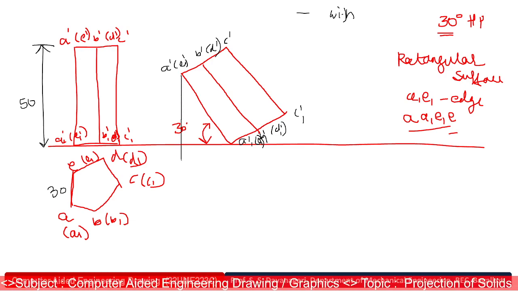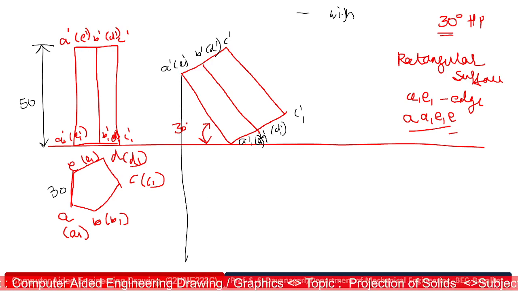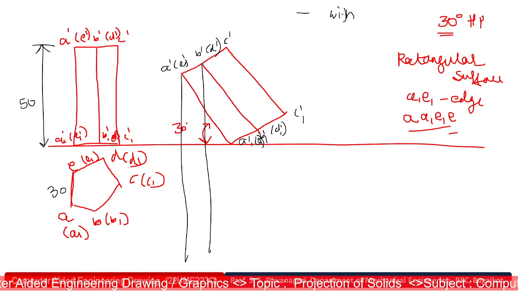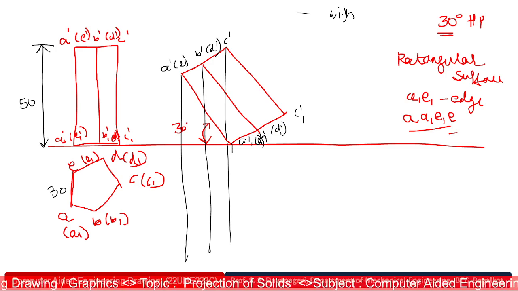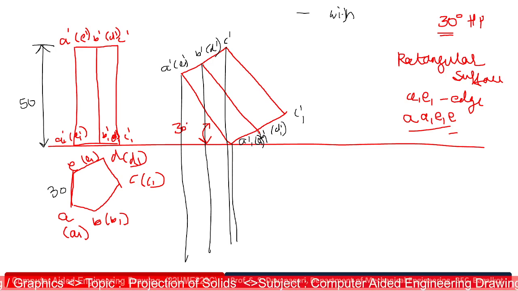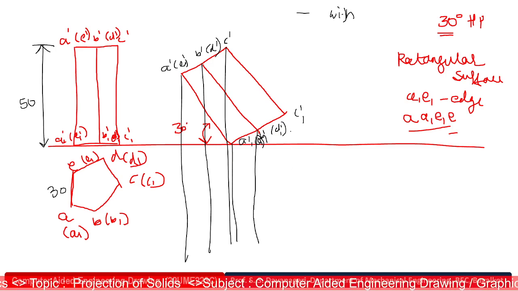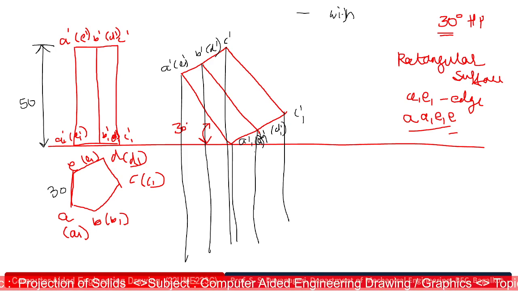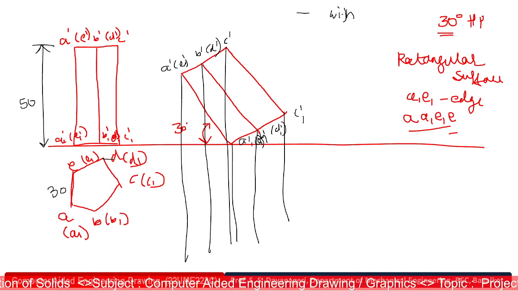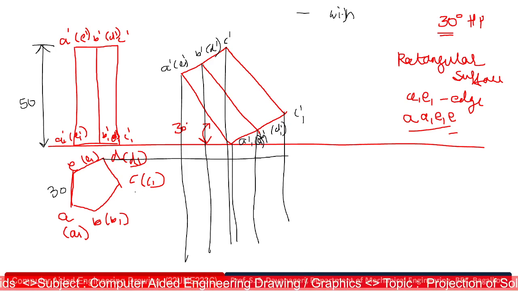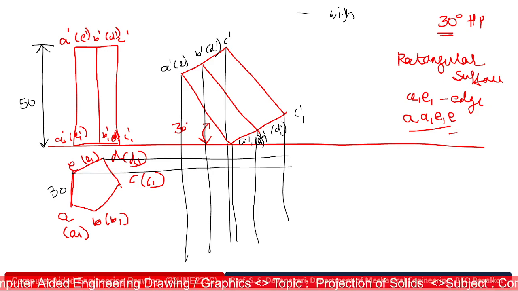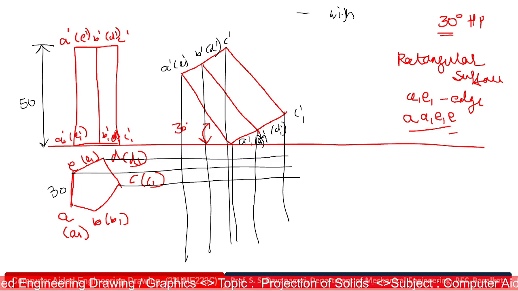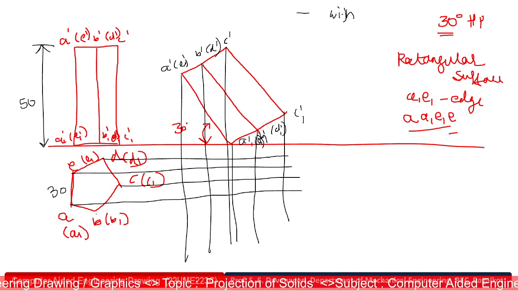So let's drop all the points from the front view below the XY line. Just project all the reference points from the top view.